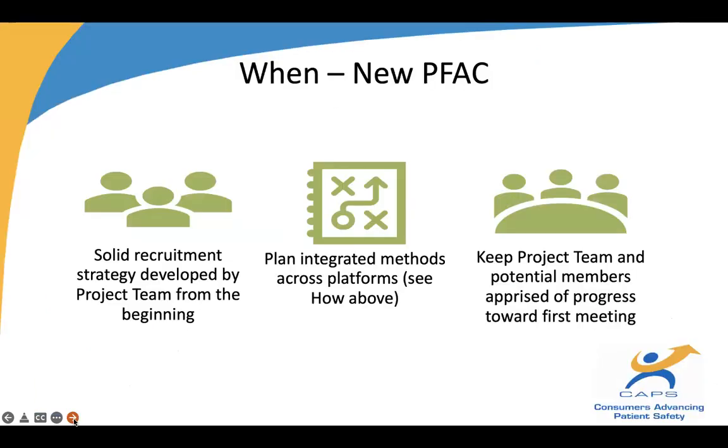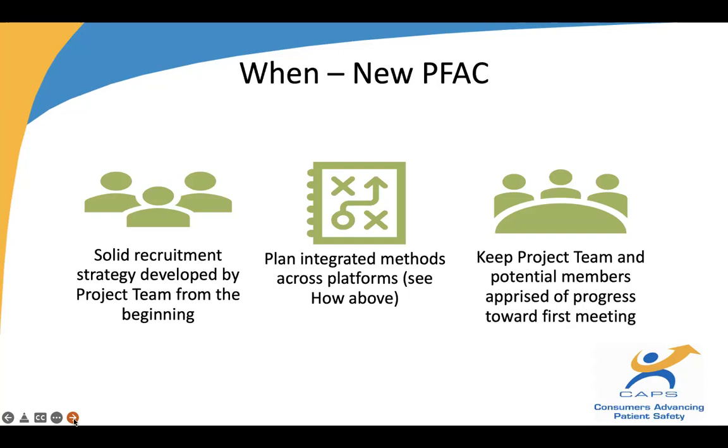Back to you. People are looking right now for both new PFACs, or starting PFACs when they haven't had one for a while, or on an ongoing basis. So let's first address a new PFAC. You first need to develop your solid recruitment strategy with a project team.